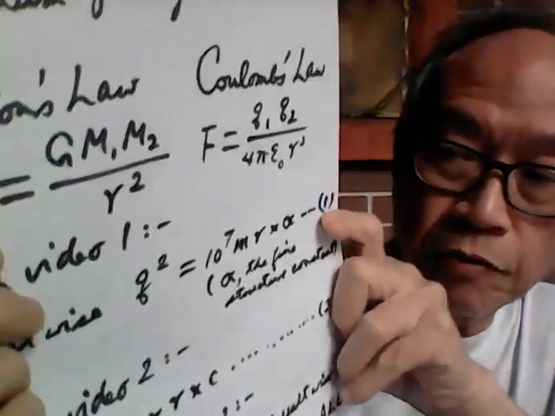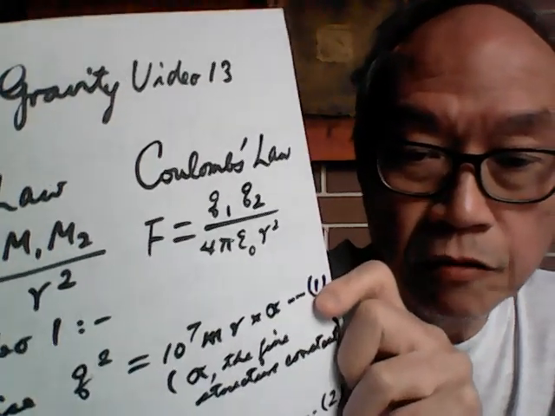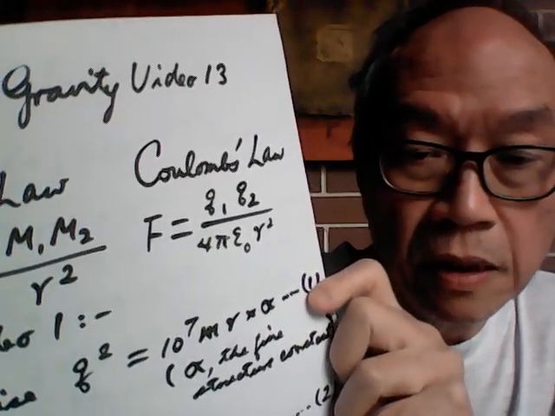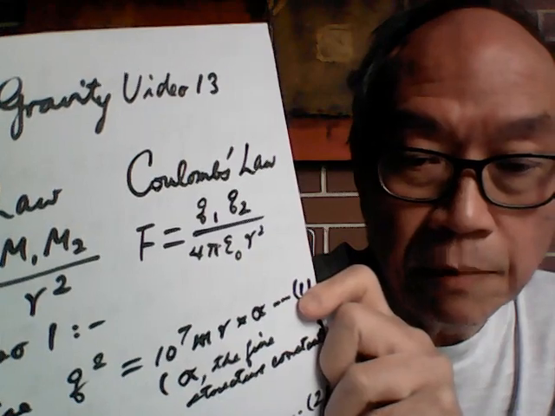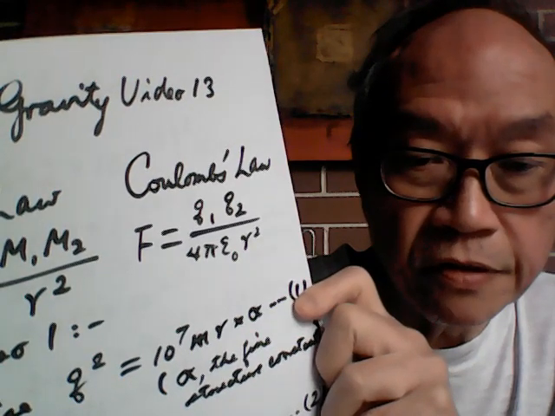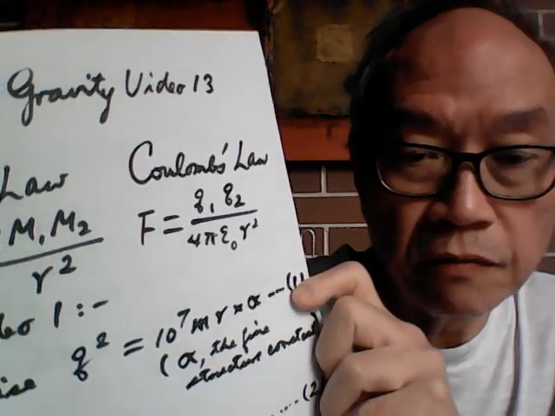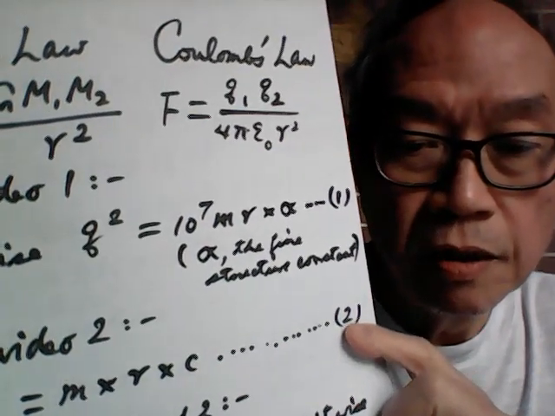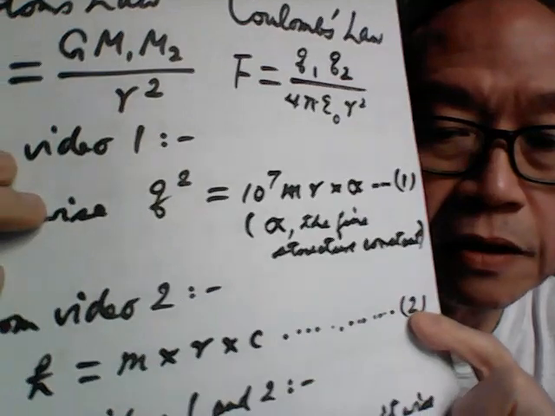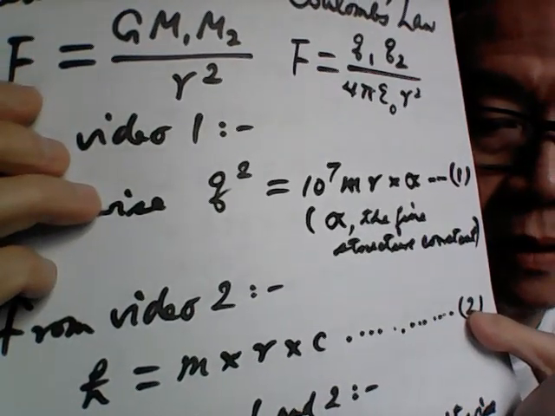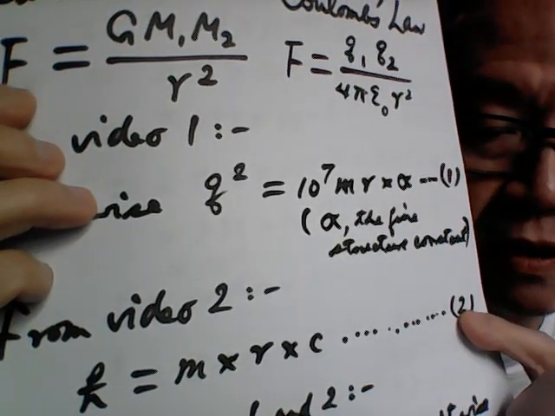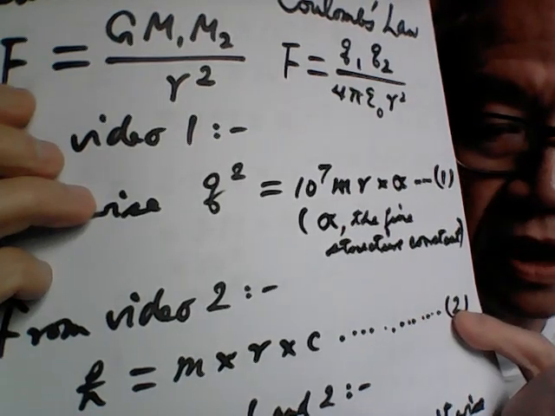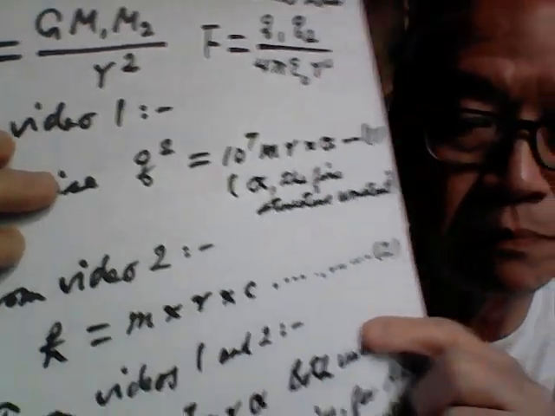So I have equation 1 here: Q squared is equal to 10 to the power 7 times mass times radius times alpha, the fine structure constant. Equation 2: h bar is equal to the mass times radius or wavelength times c, the speed of light in vacuum.